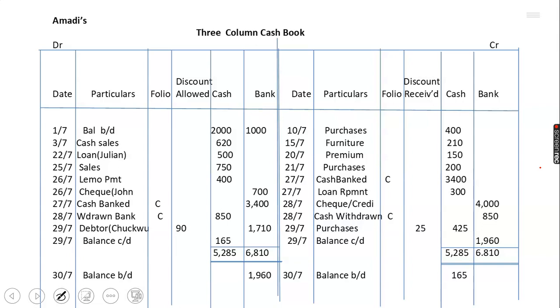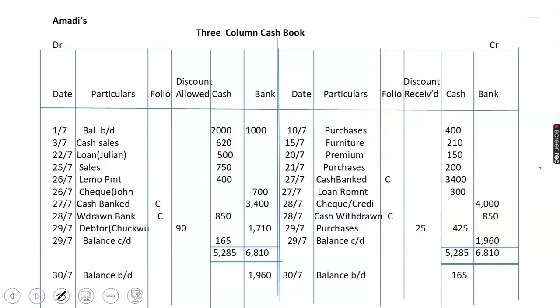So here, the debit column was lesser, and when we took it away from the credit column total, it gave us 165 naira. And then for the bank, when we added the bank columns together, the credit column was lesser, and when we took it away from the debit column, it gave us 1,960 naira.